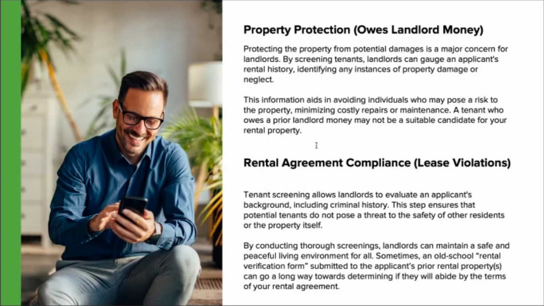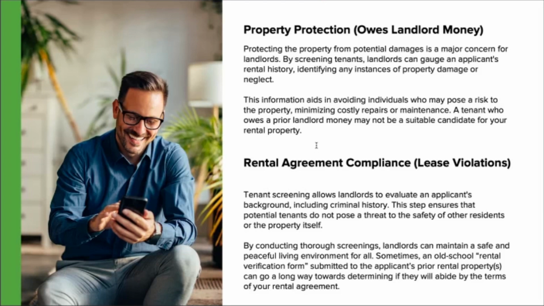The report won't necessarily say that. That amount may not have ever been reported by the prior landlord or property management company, and so it won't show up on their credit report. And so there is information that will not necessarily show up. But again, if they have prior addresses listed on their screening that don't match what comes up on their application that they filled out, that may be something you want to look into.